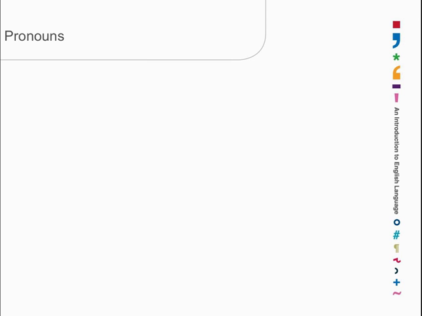Finally, we'll look at pronouns. When you were at primary school, if you were lucky to have had an old-fashioned teacher who talked about pronouns, they would have said pronouns stand for a noun. Well, that's both true and not true. Pronouns only stand for a noun if the noun is the sole noun in a noun phrase.